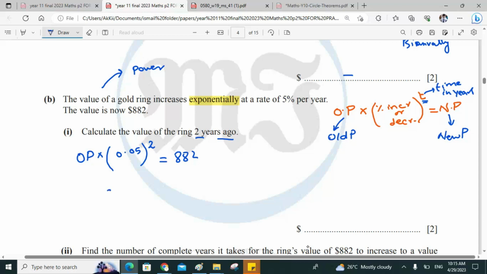Otherwise, I don't calculate it over here. I take it like this. Old price is equal to 882 divided by 0.05 to the power 2. So if I solve it, let me check. 882 divided by 0.05 to the power 2.